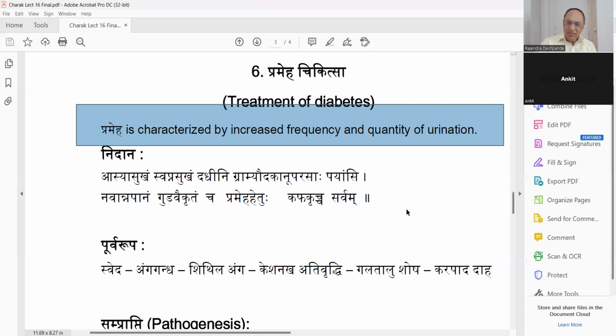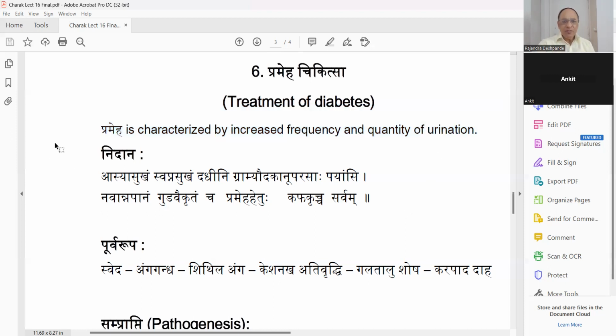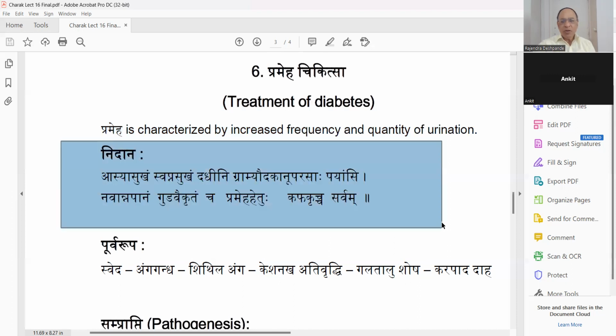Anyway, we will start with the problem of Prameha. So first is the cause. This shlok is very, very important, so I will wait. You can write it down.